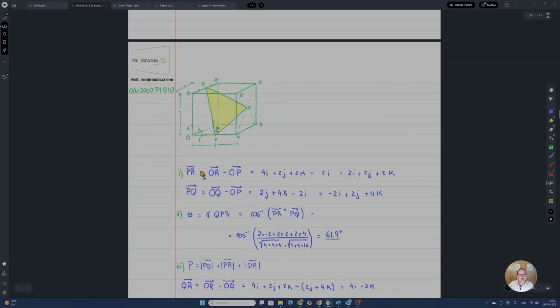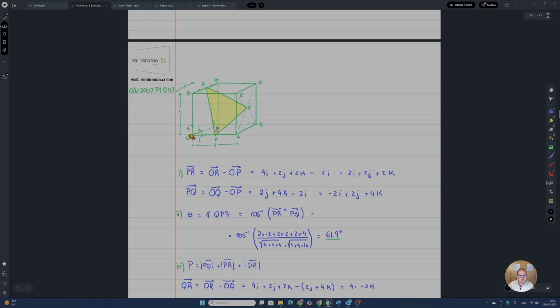All right, so PR is OR minus OP. What is OR? In order for you to go from here to here using i, j and k, you need to go for i, j and k. For OP, where is P? It is over there. That's just 2i. So this minus that is just this. What about PQ?